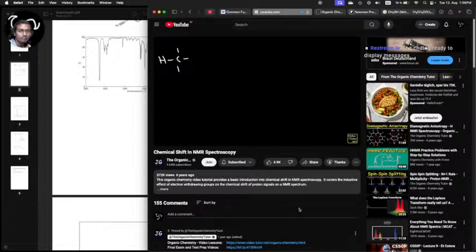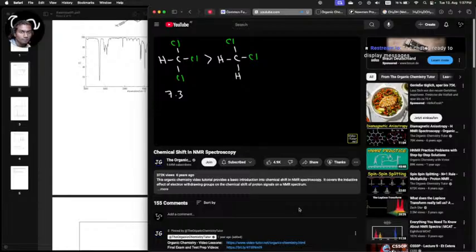So in this example, we have 3 chlorine atoms, and the chemical shift for this proton is 7.3 ppm. Now we're going to compare it if we had 2 protons on this carbon instead of 3.